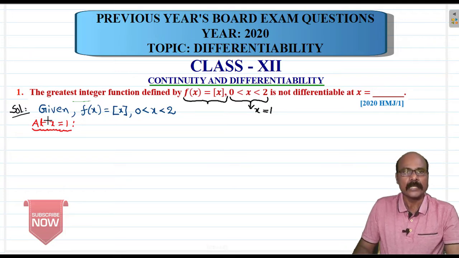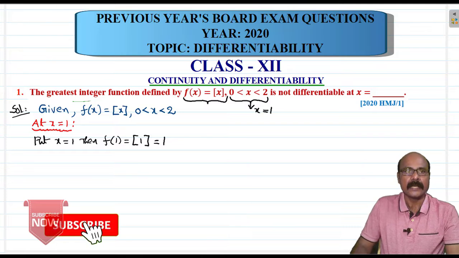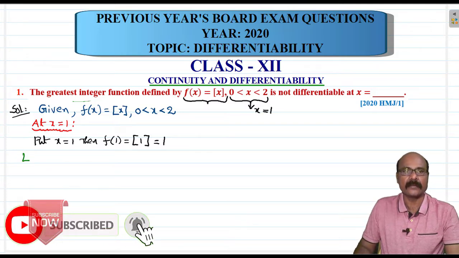Okay. Now put x is equal to 1 in the given function, then what will you get? f of 1 is equal to step 1, that means the greatest integer of 1. So what is the step value of 1? 1 only. Okay. Now we can check left differentiability.